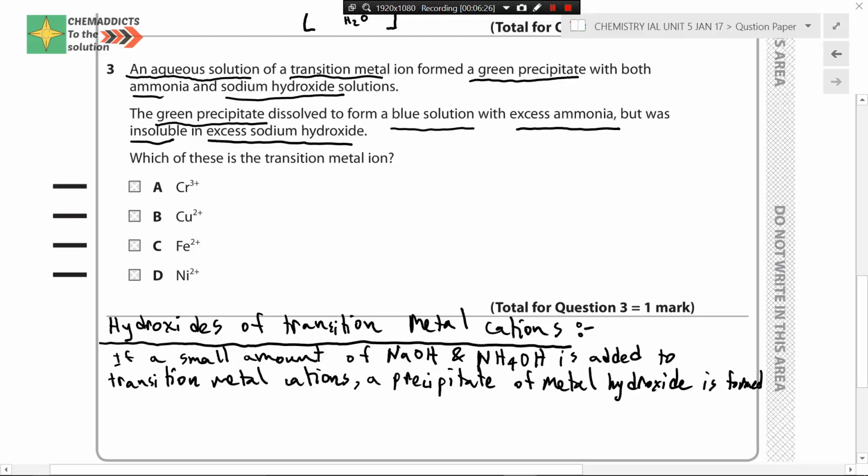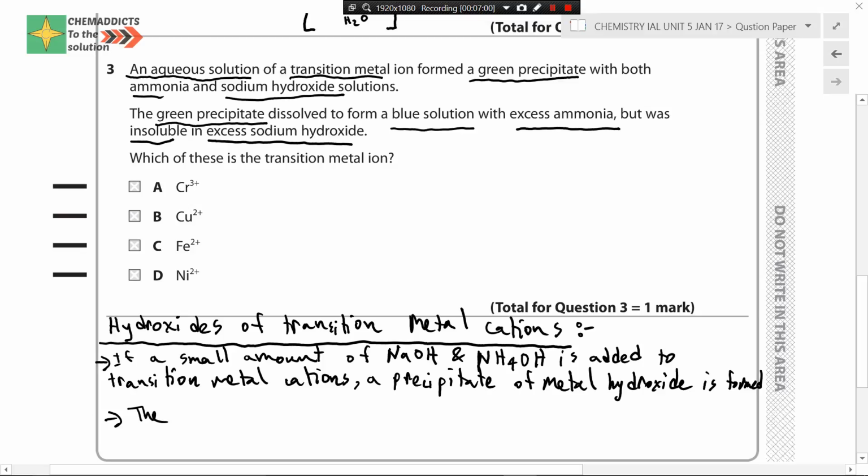Then what we will do, we are going to add further excess ammonia, and then we are going to add the same solution to further excess sodium hydroxide solution, and let's see what happens. Then we're going to observe whether that precipitate may or may not dissolve in excess sodium hydroxide or ammonium hydroxide solution.